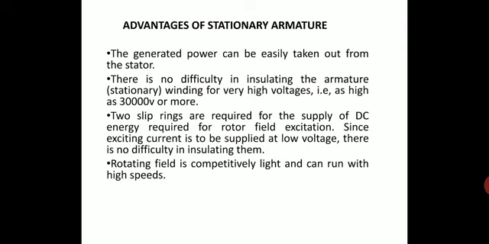Third, only two slip rings are required for the supply of DC energy required for rotor field excitation. Since the exciting current is supplied at low voltage, there is no difficulty in insulating them. Fourth, the rotating field is comparatively light and can run at high speed.